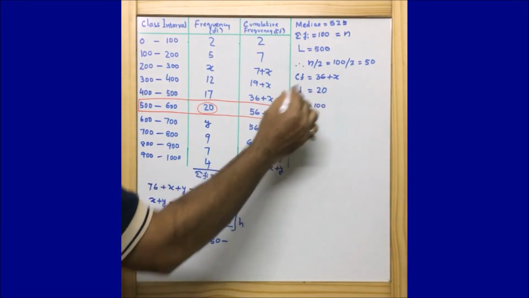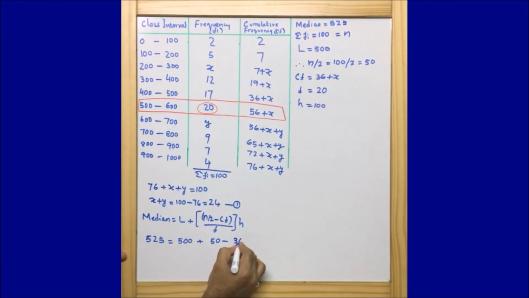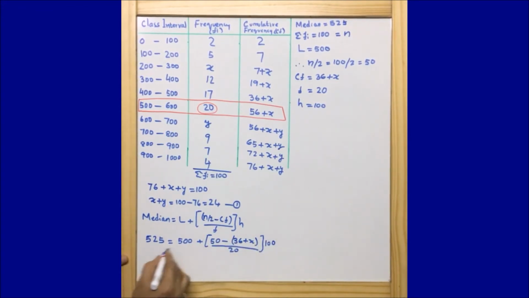The value of CF here is 36 plus x upon f. Here f is 20 into height. Class height is 100. Or I can write, I will just bring this 500 here. I can write 525 minus 500 is equal to 50 minus 36 minus x.